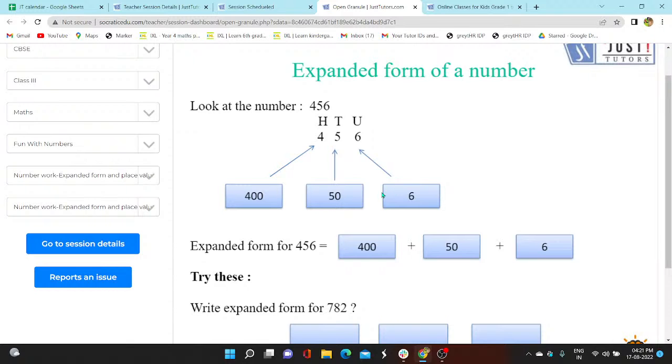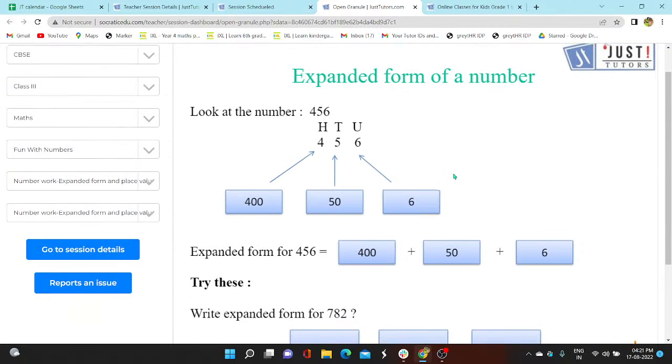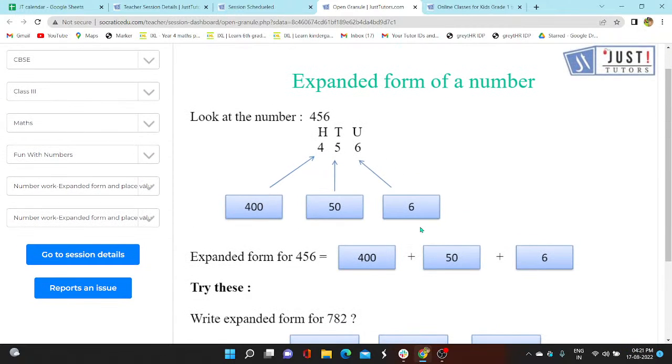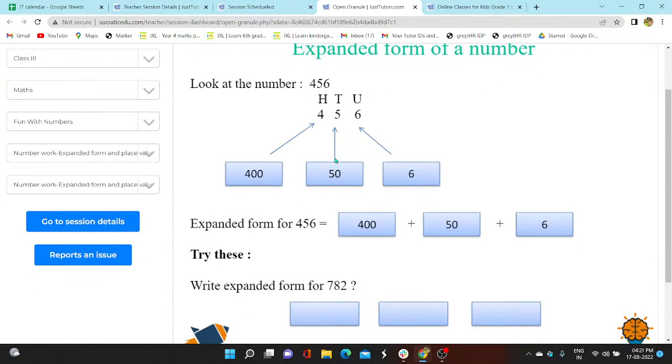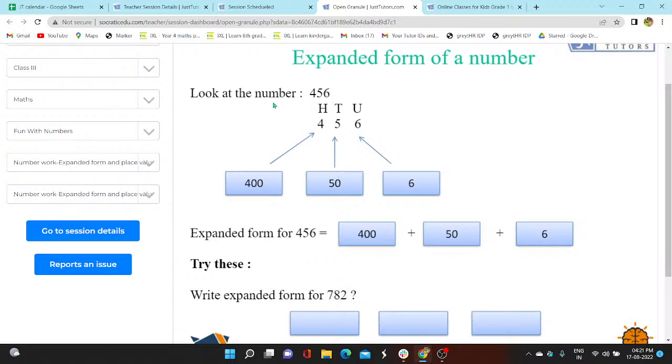For better explanation, here we have a short introduction about how to find the expanded form of a number. Now here we have a number. Look at the number 456. Now if we look at 456, we can see that 4 is in the hundreds column, hence it's called 400. 5 is in the tens column, so it's 50, and 6 in the ones column or the units column, so we just write a 6 for that.